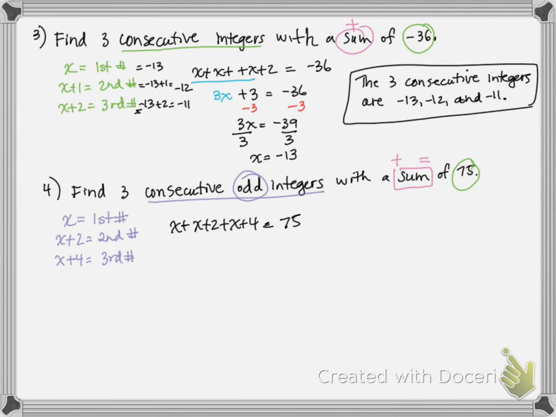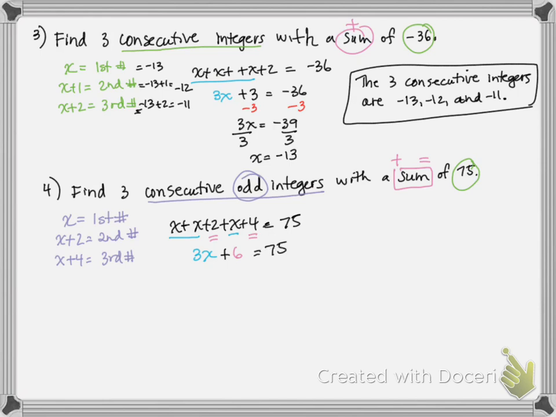So we look for like terms, and I've got different kinds this time. I've got 3 x's, and then I have plus some constants, which again, I was not super good at getting last time. I'll get them right this time. There we go.